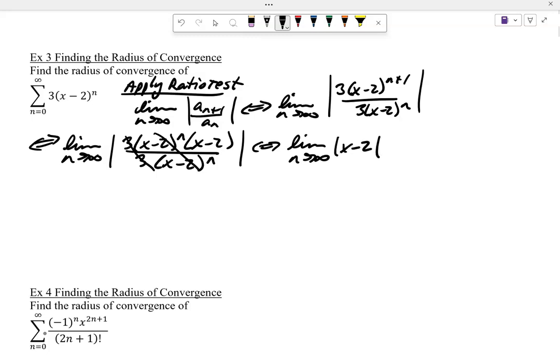So limit as n goes to infinity, the absolute value of x minus 2, and we just get the absolute value of x minus 2.